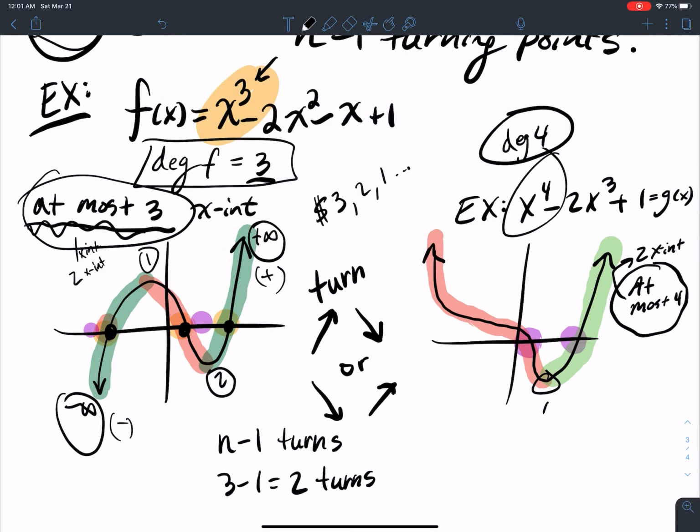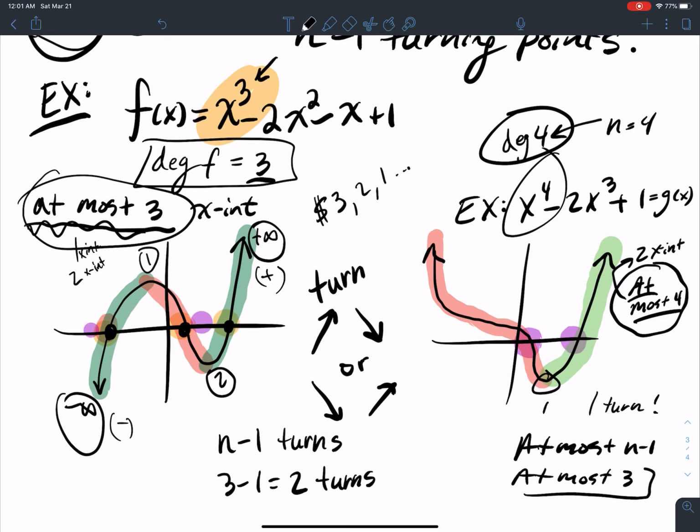So there's only one turn here, but the at most part says at most n minus 1. Well, n here is 4, degree 4. So it has at most 3, okay? Now we know looking at the graph that there's only one turn, but that satisfies at most 3, okay?